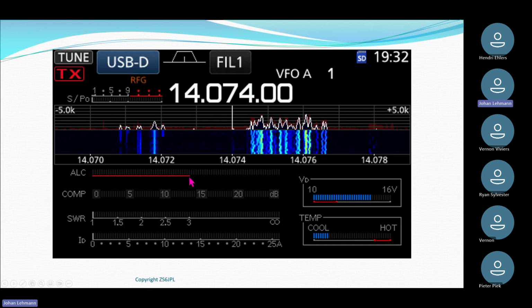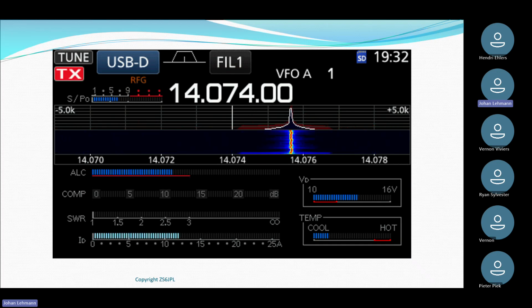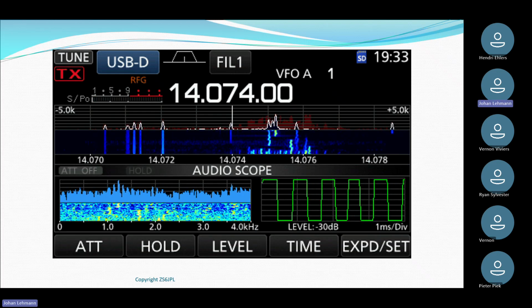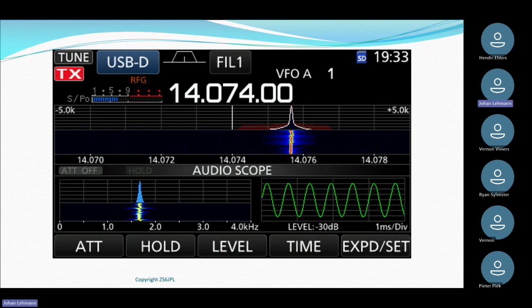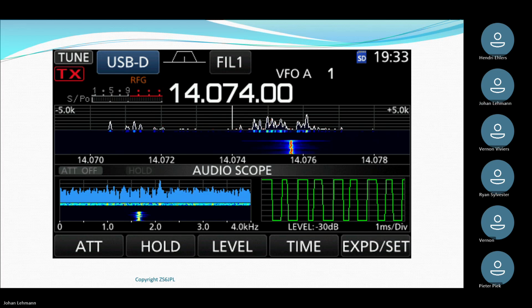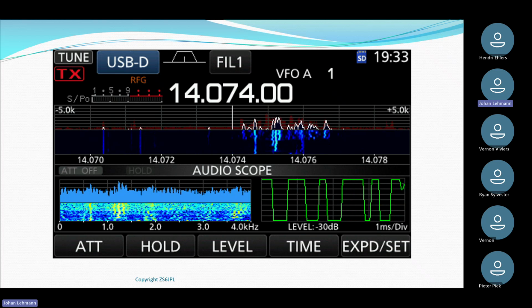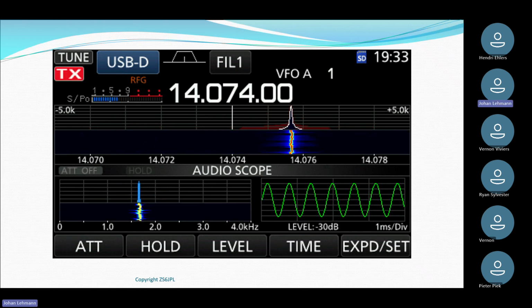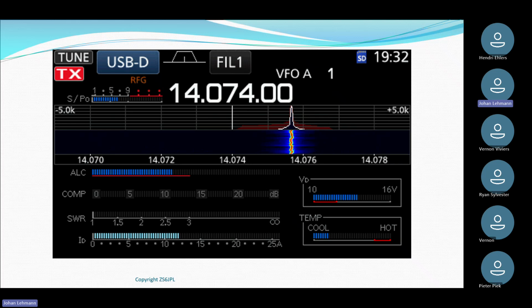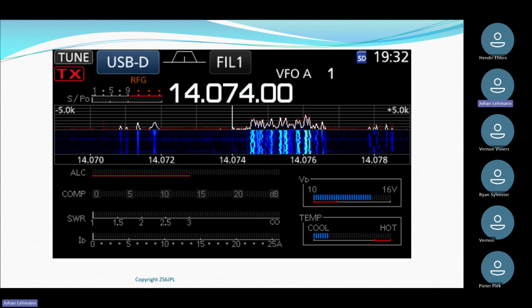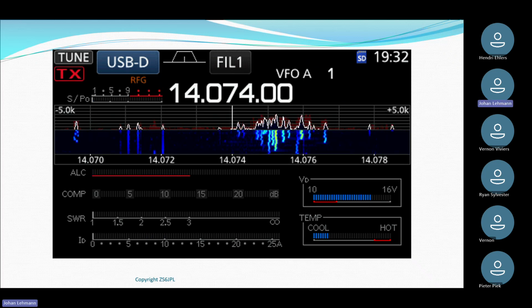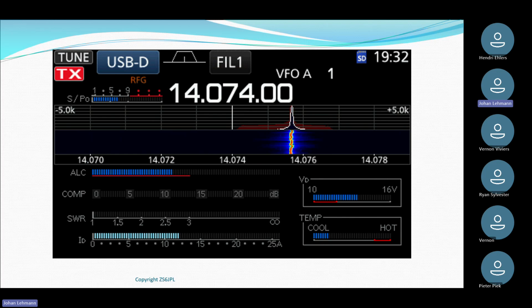Now, ALC, the automatic level control, if I exceed that red line, my radio's transmitter is actually going to distort. It's going to create some other problems for me. And I should always control my modulating signal so that my ALC does not exceed the threshold.